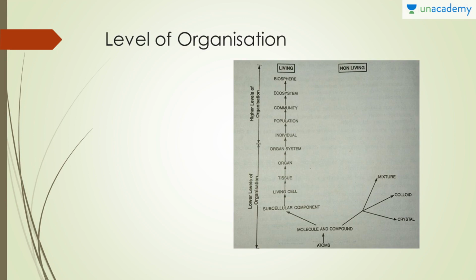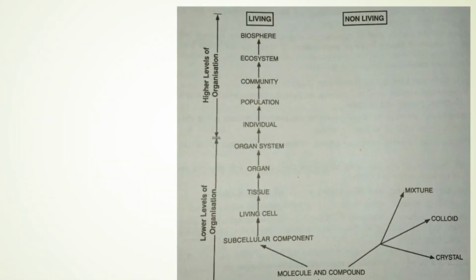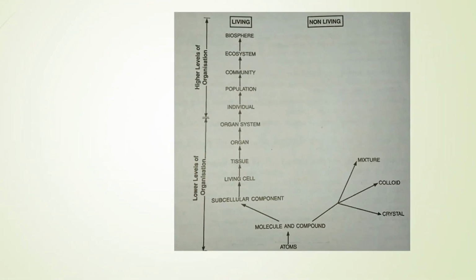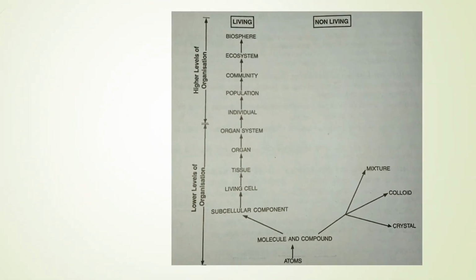So now let's zoom into this image, levels of organization. Here first are atoms, then molecules, then subcellular components, then living cells, tissues, organs, organ system, individual, populations, community, ecosystems, biosphere.